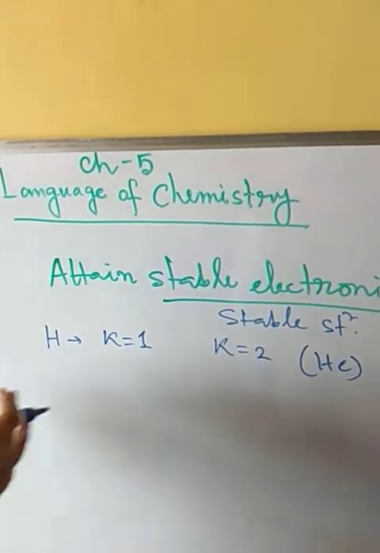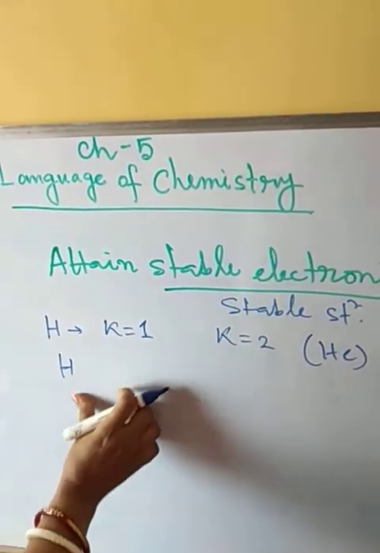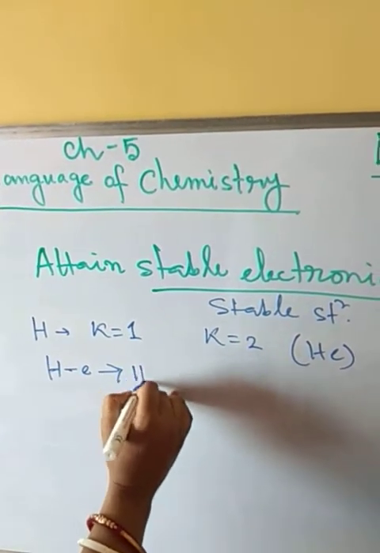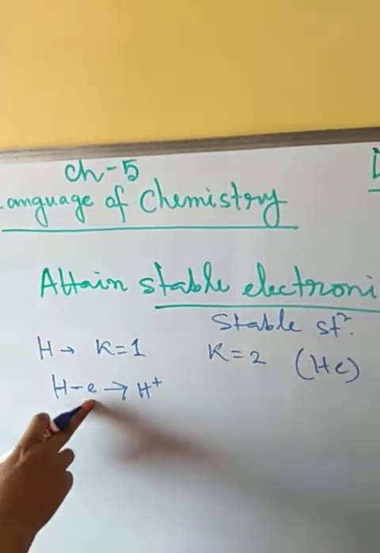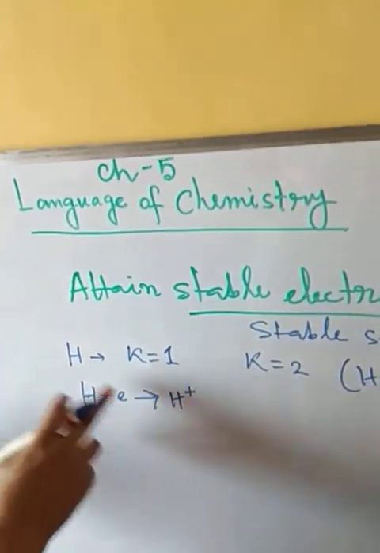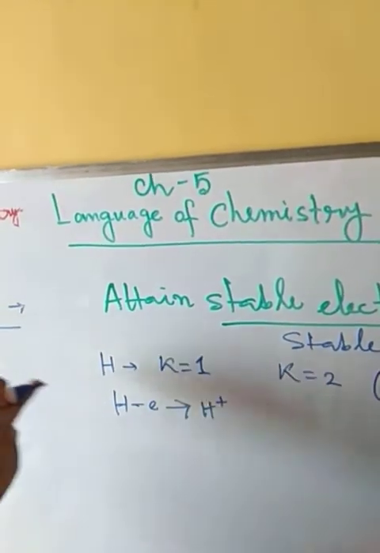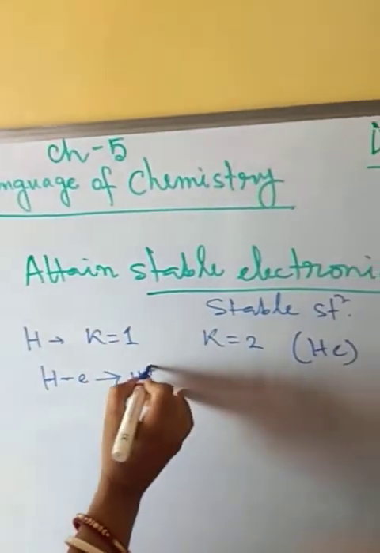Generally hydrogen chooses to lose this electron to form a positive ion. As an electron is a negatively charged particle, when an element loses that electron, it will form a positive ion.